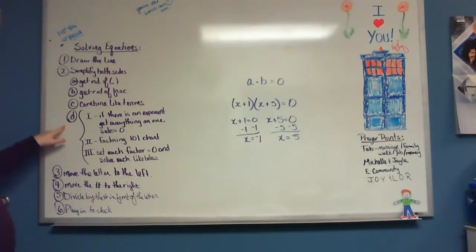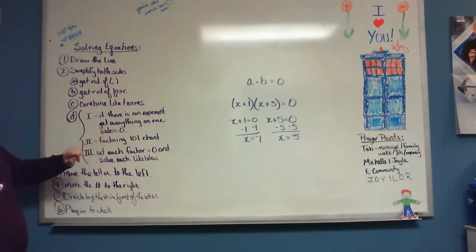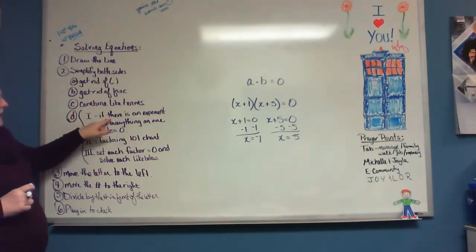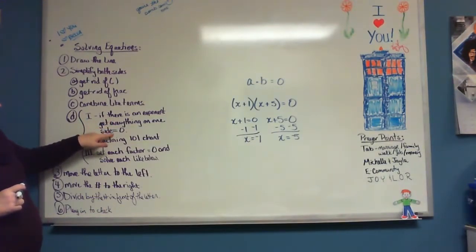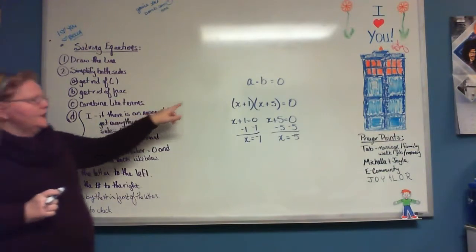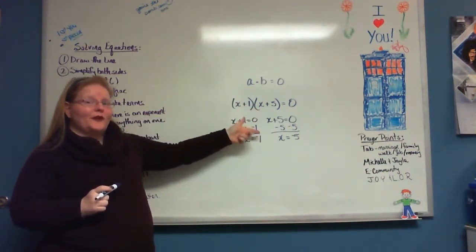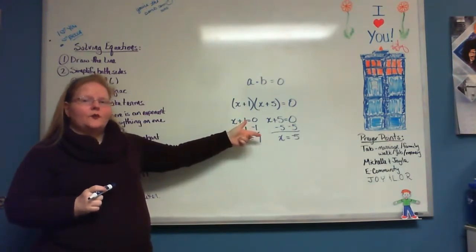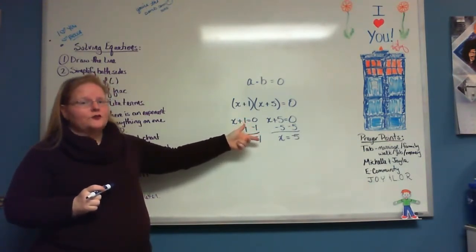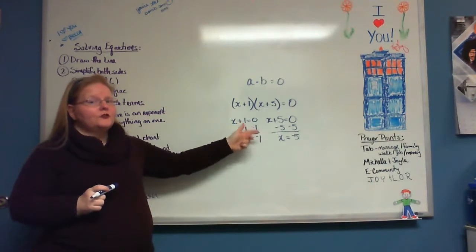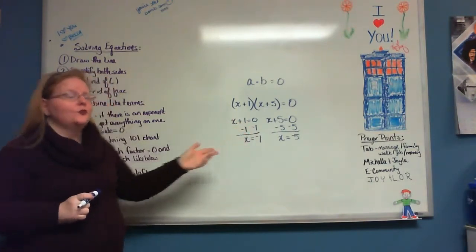This is step D. Step D is here because now we can have an exponent. And if we have an exponent, that means we have to get everything on one side equal to 0. Having everything on one side equal to 0 is what allows us to use this trick we got right here. If we don't have that, we can't use the trick. Can't use the trick, there's no way you're going to solve it.